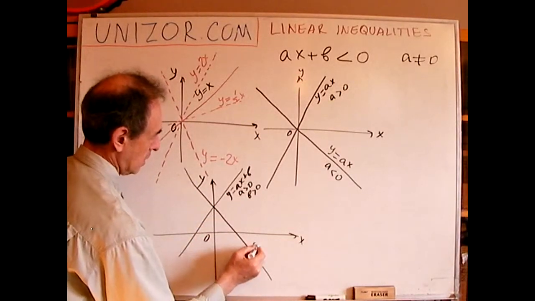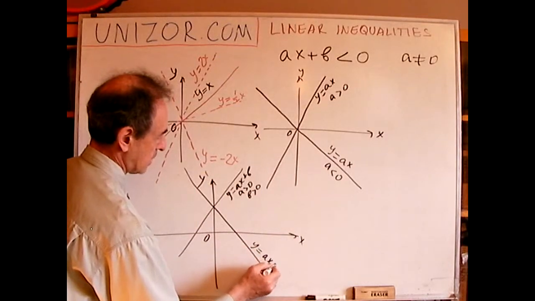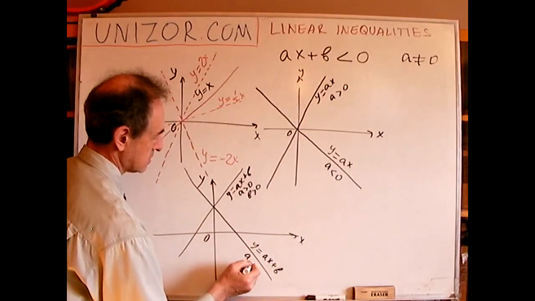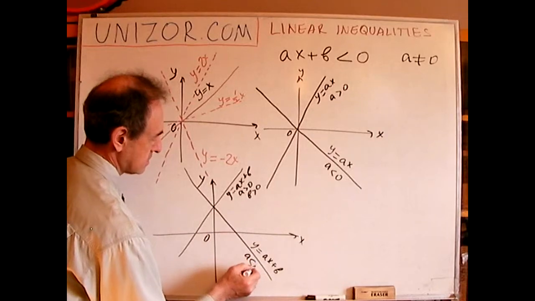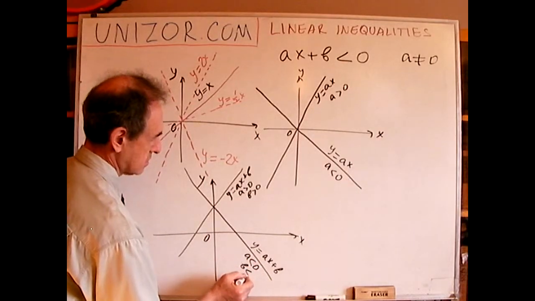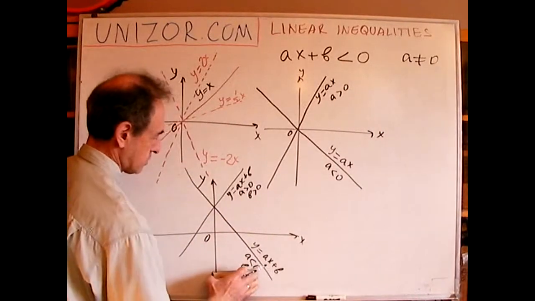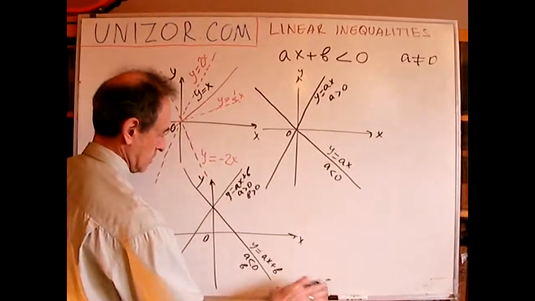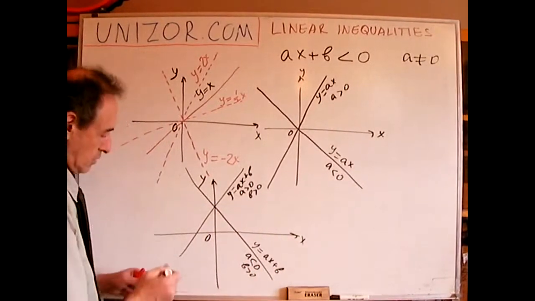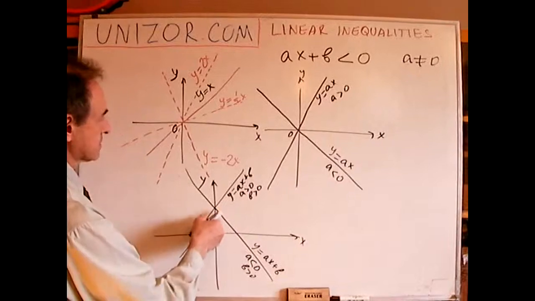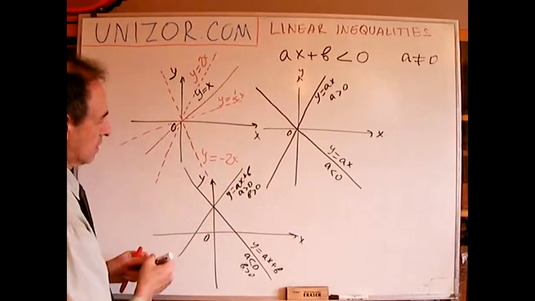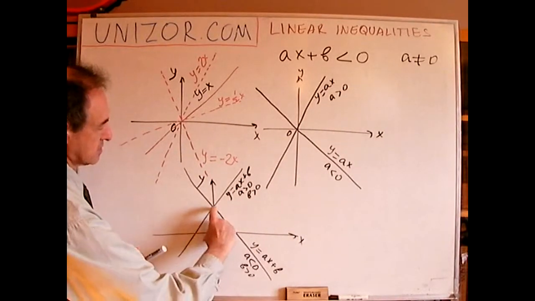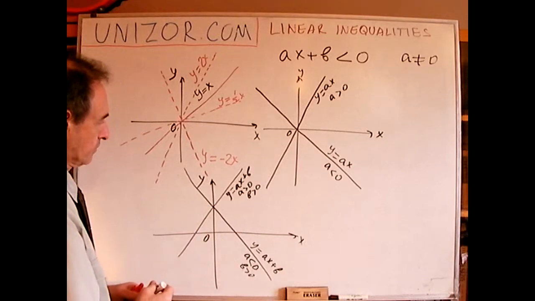This would be y equals ax plus b, where a is less than 0 and b is also greater than 0. All right. So both graphs are moved up because b is positive.